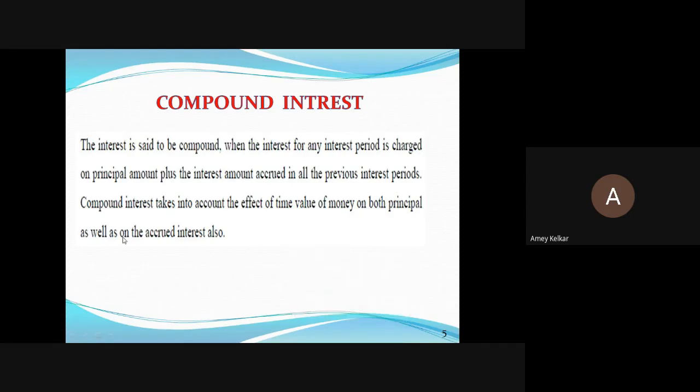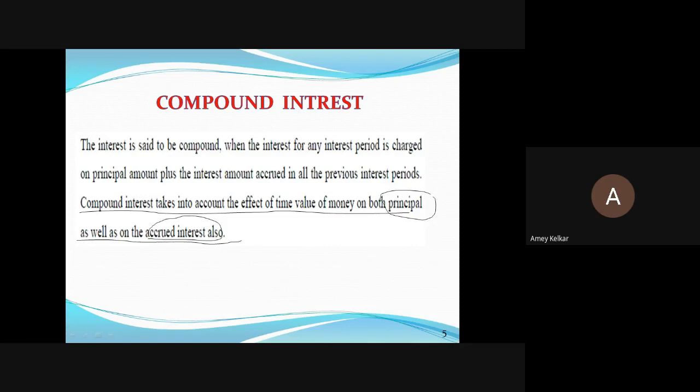The last line which we'll see here is very important, that the compound interest takes into account the effect of time value of money both on principal as well as the accrued interest. This doesn't happen in case of simple interest. This is valid only for the compound interest, where compounding is done taking into consideration the interest amount of the previous year also.